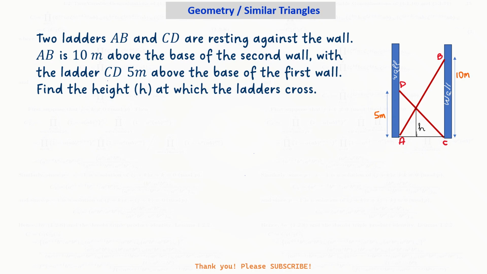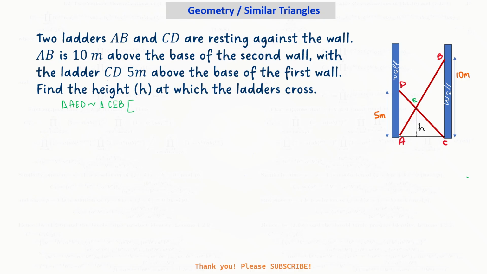So if we are to look at the triangles, first I will name this point as E, and if we are to look at the triangles DEA or AED, so triangle AED is similar to triangle CEB.